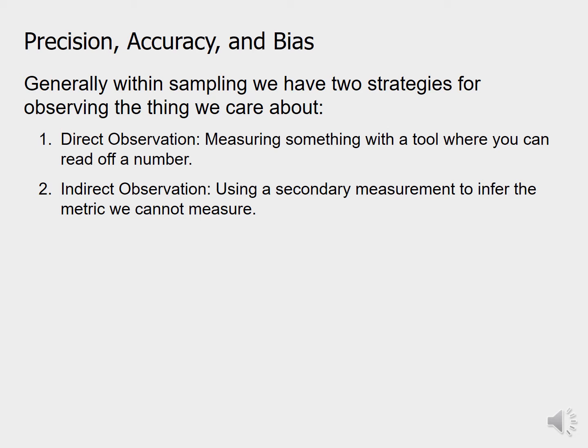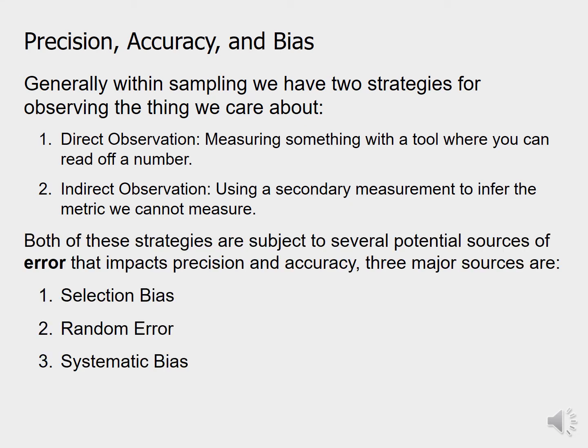The second is when we use some kind of direct observation to infer something that is either too difficult, expensive, or just destructive to actually directly measure. Either of these approaches have several potential sources of error that impact their precision and accuracy, including selection bias, random errors, and systematic bias. We will look at how each of these contributes to our precision and accuracy.